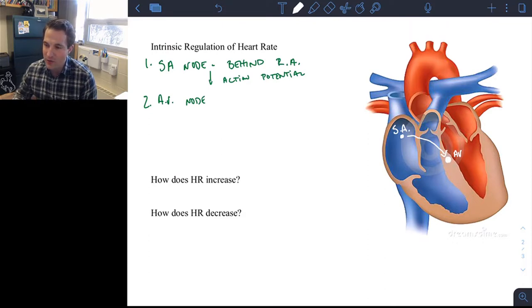Well, that AV node then transmits that action potential down the septum to our AV bundle. That's kind of right in here.